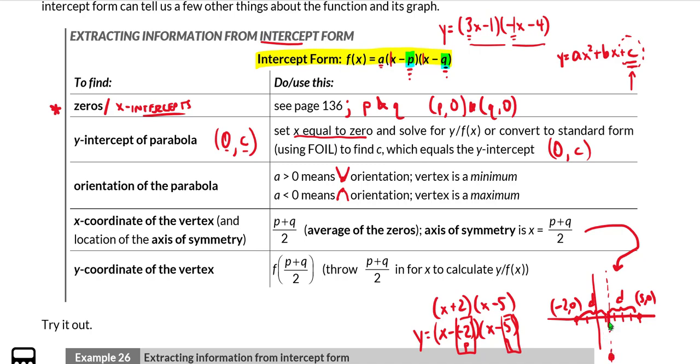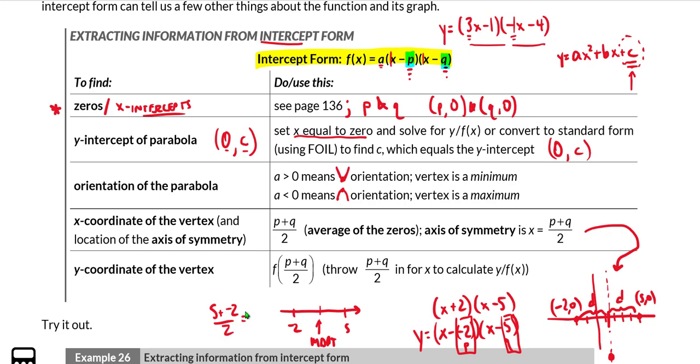And midpoints are exactly the same as averages. If I were on a regular old number line looking at the points -2 and 5, the way I would find this midpoint is I would simply average -2 and 5. So I would do 5 plus -2 divided by 2. That's how I find the average of 2 numbers.